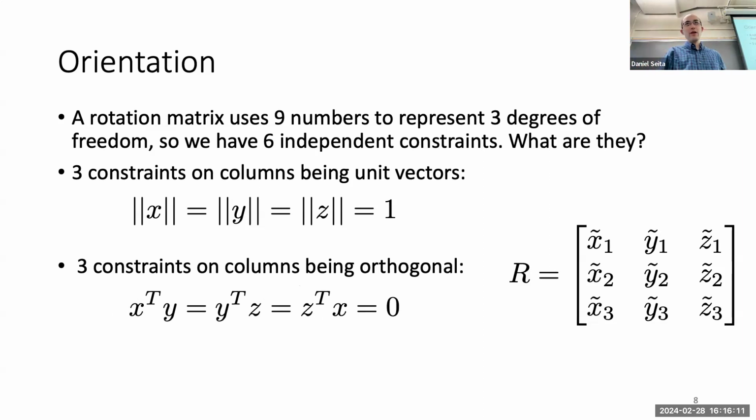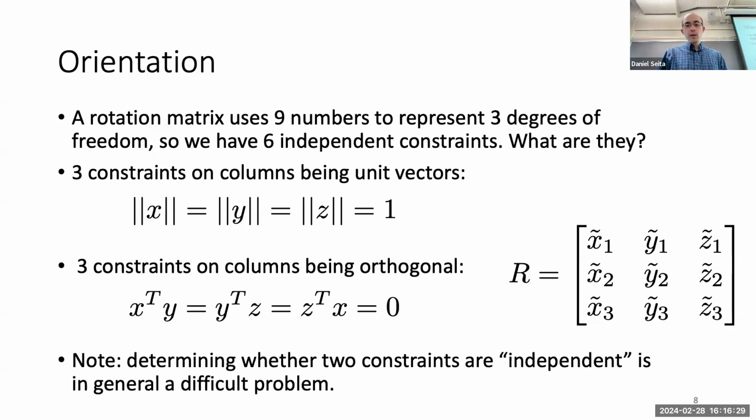So again, you have six constraints, and this is how to think about how rotation matrices enforce these constraints to get this number of degrees of freedom. Generally speaking, it's not always easy to tell if two constraints are independent, but it's a little easier in this example.